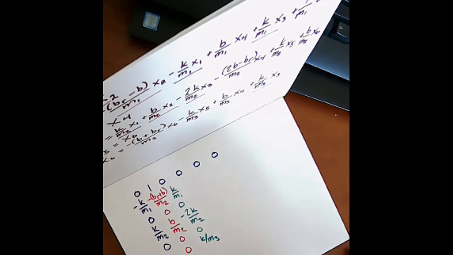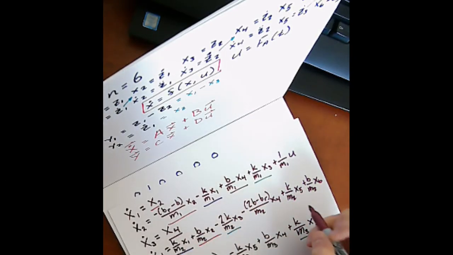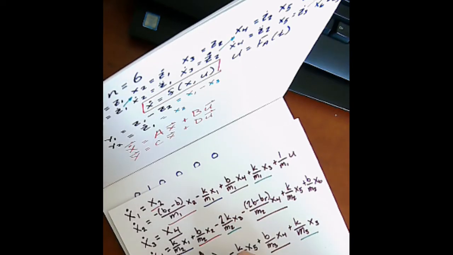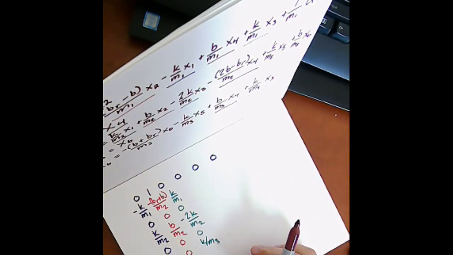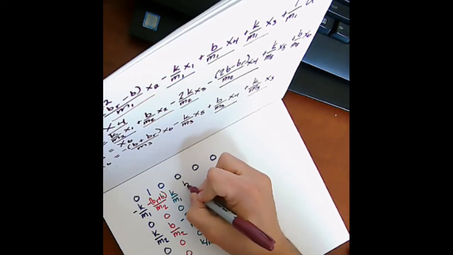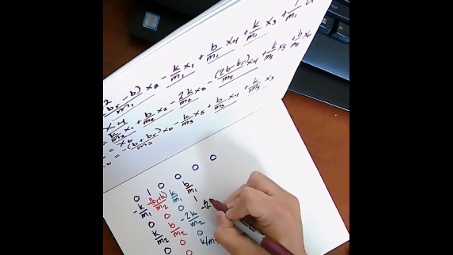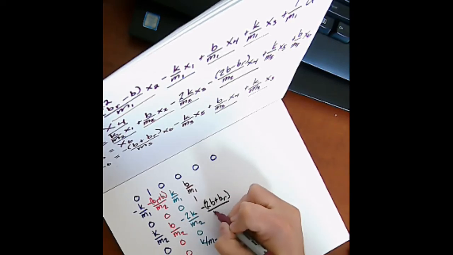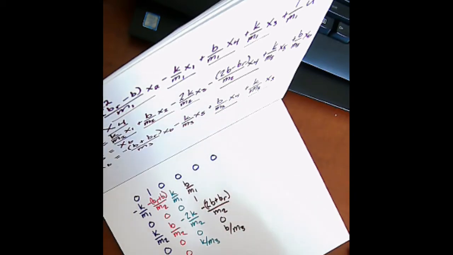Let's do the fourth, our x4s. Boom, boom, boom, boom. So 0, something, 1, something, 0, something. b over m1, 1, negative 2b plus br over m2, 0, b over m3.